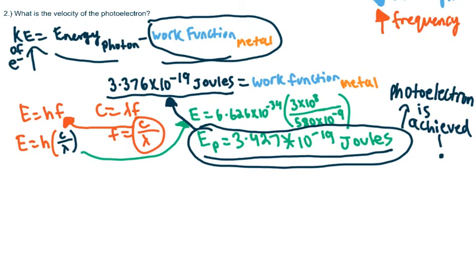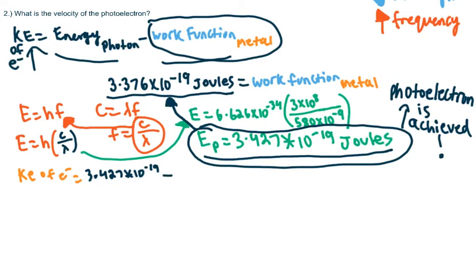The kinetic energy of the electron is equal to the energy of the photon minus the work function. The energy of the photon we just calculated was 3.427 times 10 to the negative 19th. Both are in joules, so we don't have to worry about that.